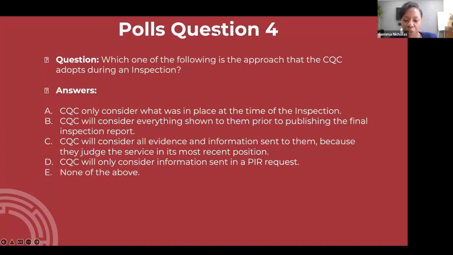Okay, thank you. So the next question is, which one of the following is the approach that the CQC adopts during an inspection? I'll give you a couple of minutes because there's quite a few responses.